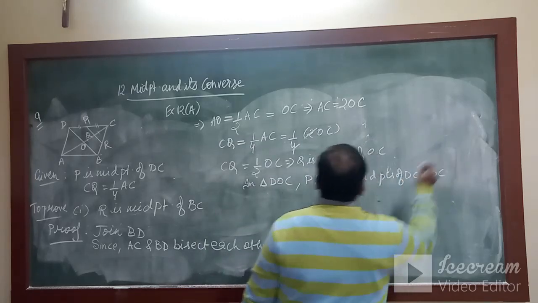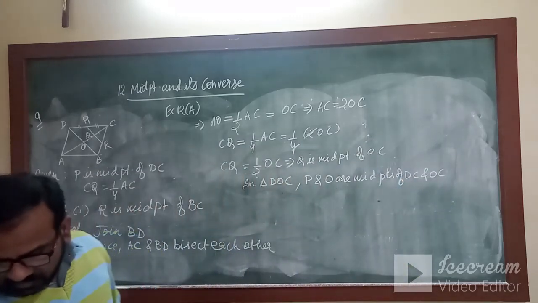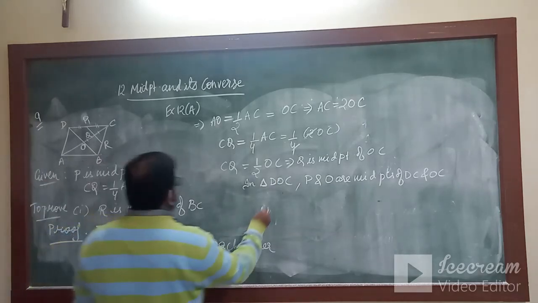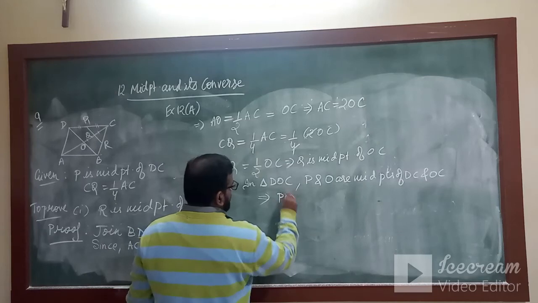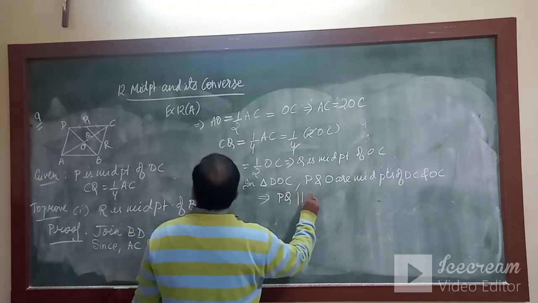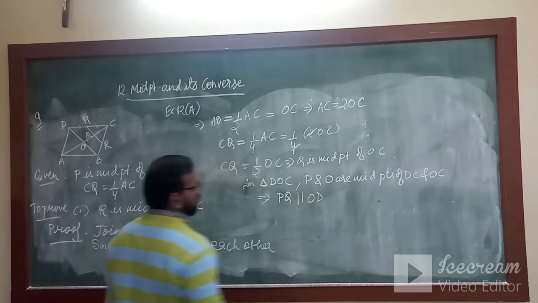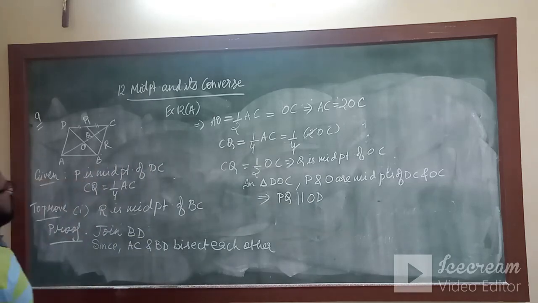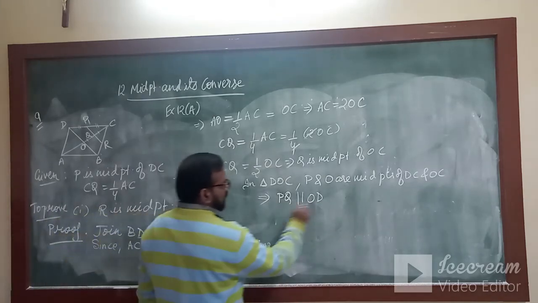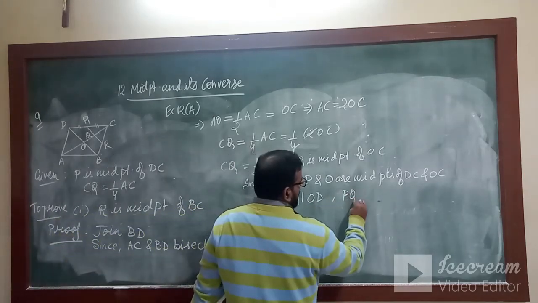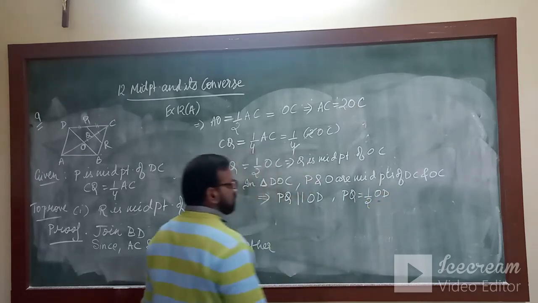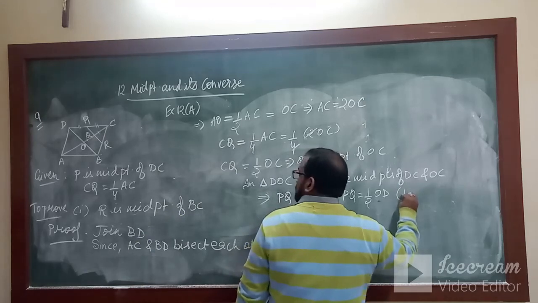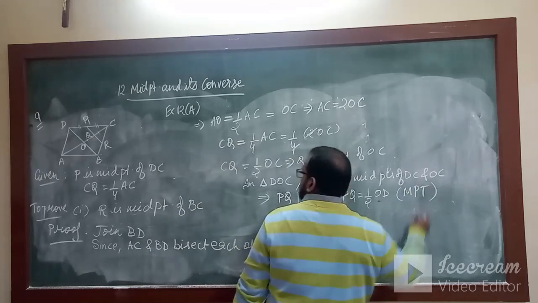So we can say that this implies PQ is parallel to OD and PQ is half of OD by midpoint theorem.